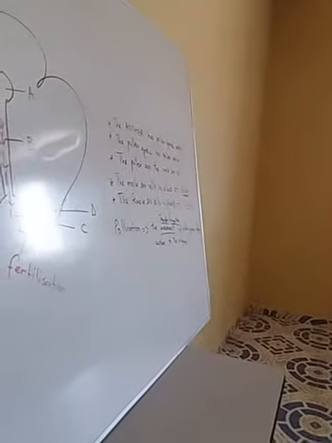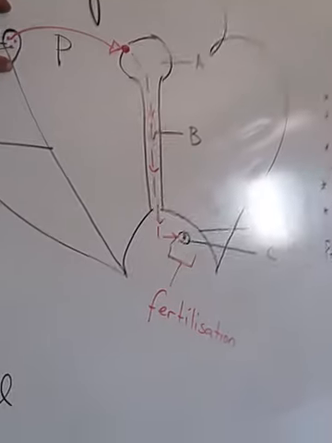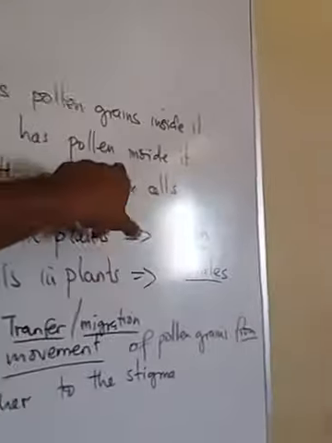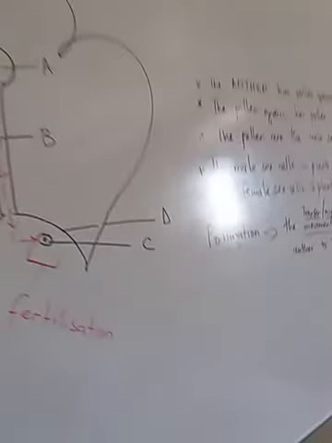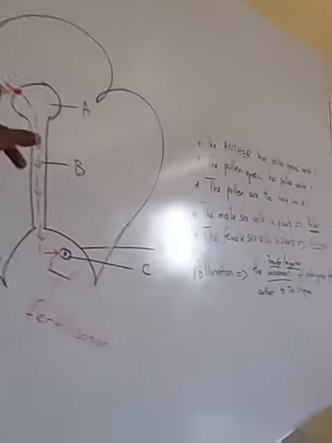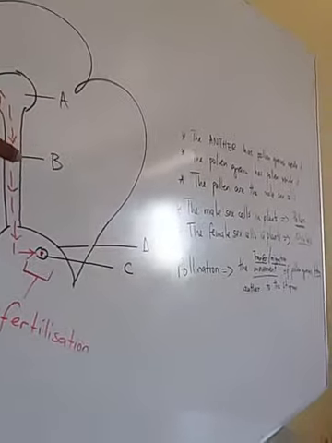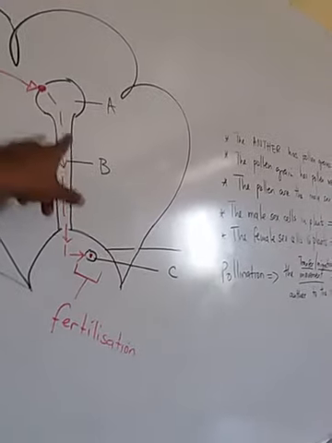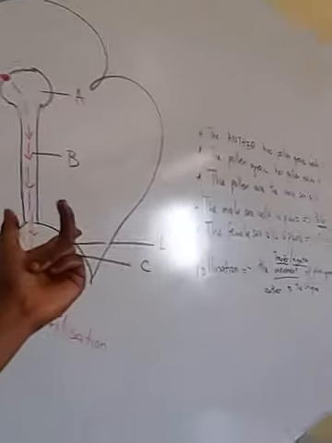You guys realize that plants don't move. But the anther has the pollen grains with the pollen inside it. And the pollen must be transferred to the stigma, and then go all the way down the style to meet the ovules.